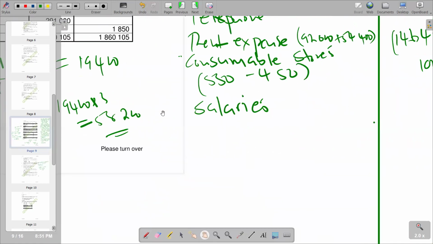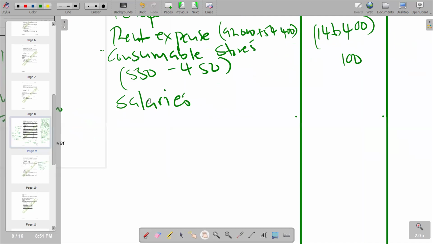So in brackets, we are saying 291,000, and then we subtract your 58,200. The answer that you're supposed to get is 232,800. So this is what we have.